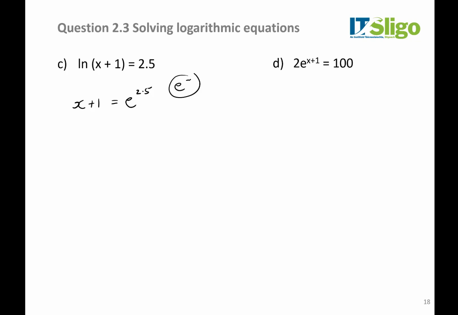Now I'm going to subtract 1 from both sides. It's always best, guys, not to hit the calculator until the very last step. So now I can get my calculator, shift, natural log, that brings up my e.